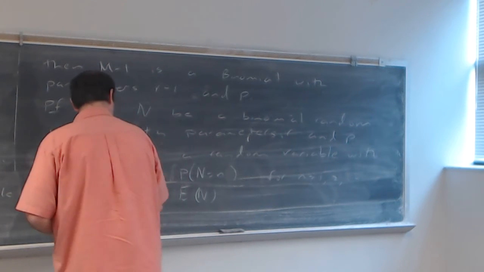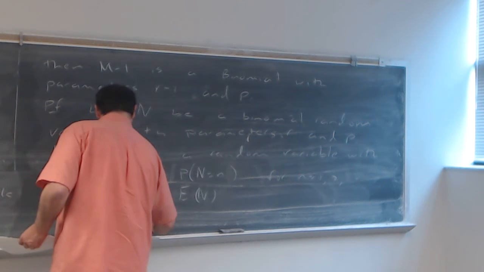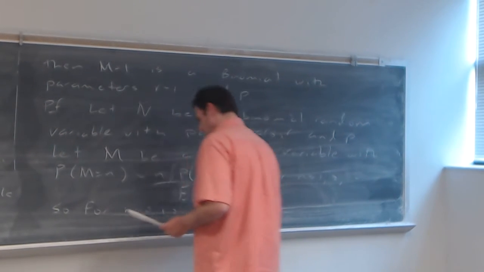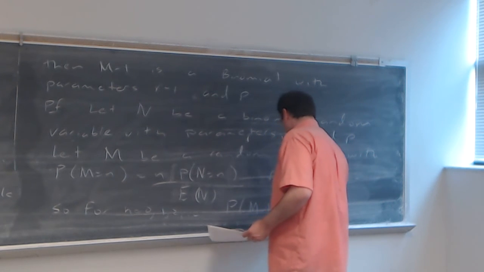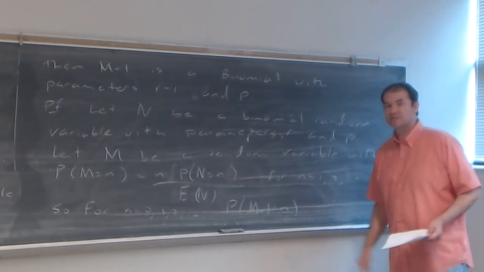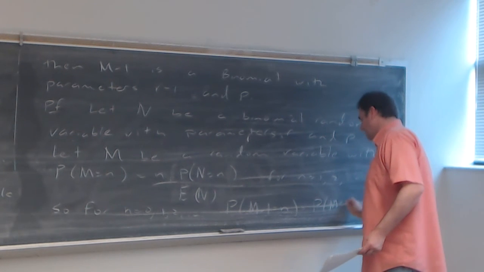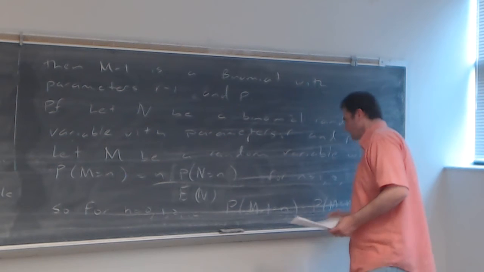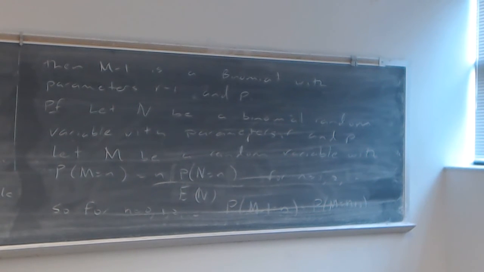Now, for n equaling 0, 1, 2, and so forth, the probability that M minus 1 is equal to n, so we want to show that this is binomial. Well, that's equal to the probability that M is equal to n plus 1. And so we have that formula relating it to N, and so we use that from our hypothesis.